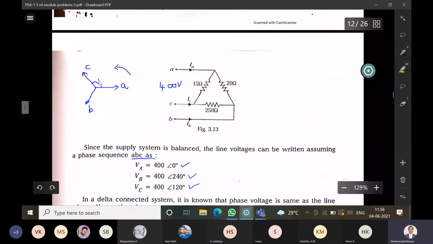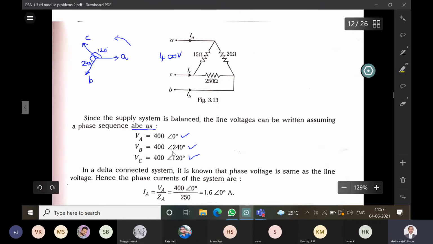Here to here plus 120, here to here 240. Right? So VA is equal to 400 at an angle 0. VB is equal to 400 at an angle 240 degrees. And VC is equal to 400 at an angle 120 degrees. Right?